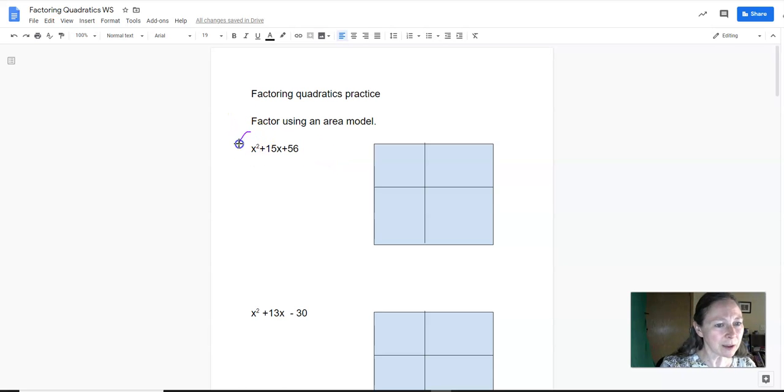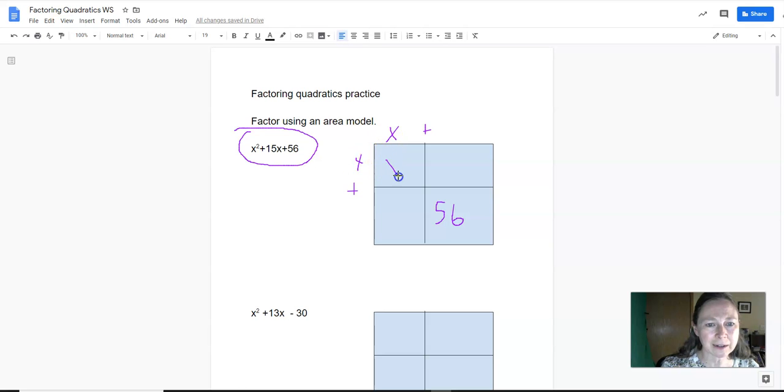So for this problem, x squared plus 15x plus 56, we know we've got two binomial terms, x plus something, and then x plus something else, right? And then when I multiply these two numbers, I get the 56. And then when I take those two terms and I add what's in these boxes, I'll get 15x.